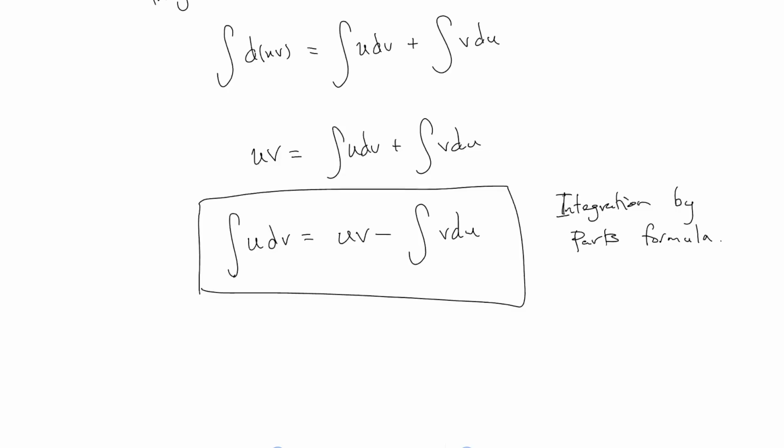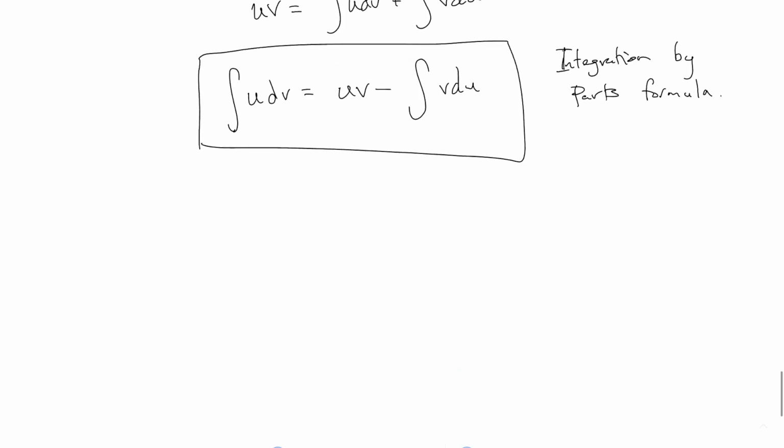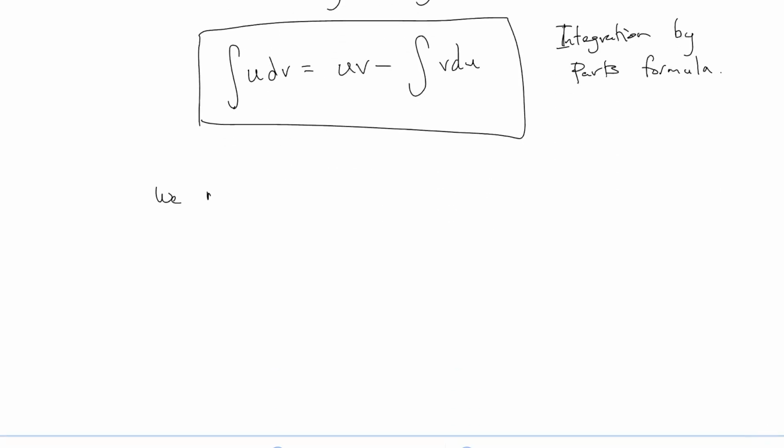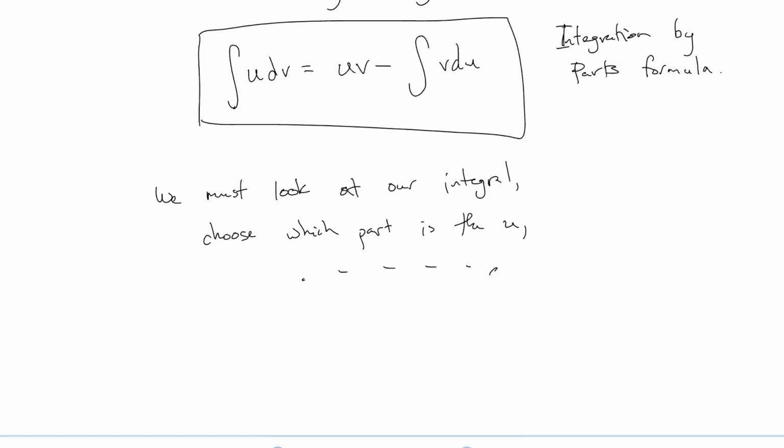And the process of doing this involves us looking at our integral and choosing which part is the u and which part is the dv.